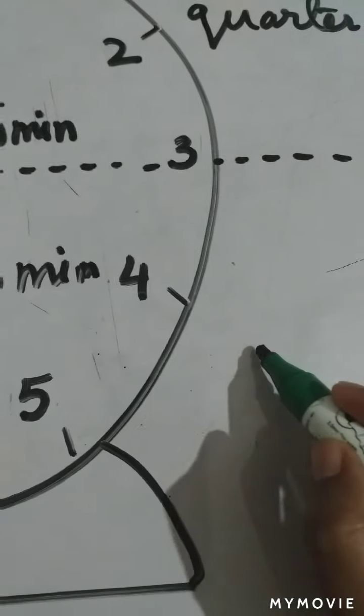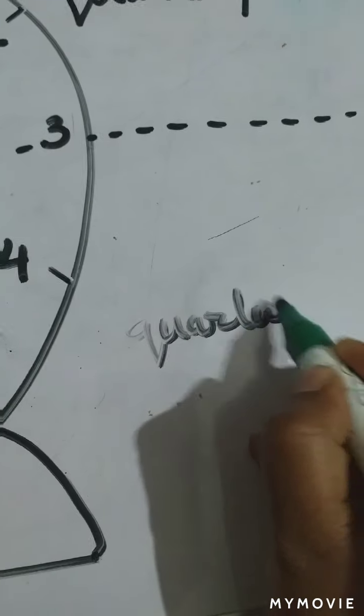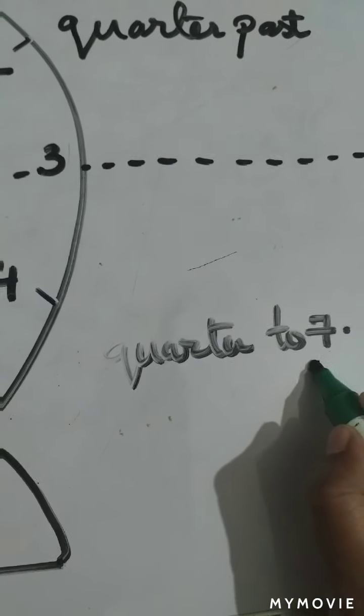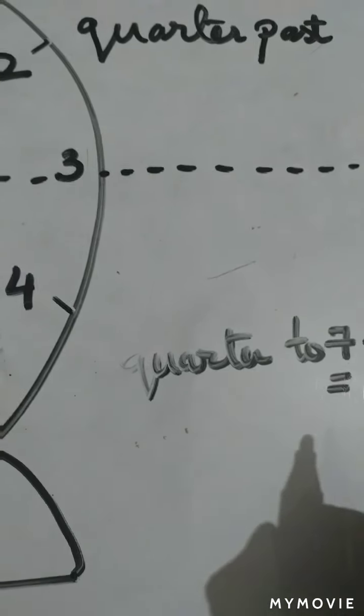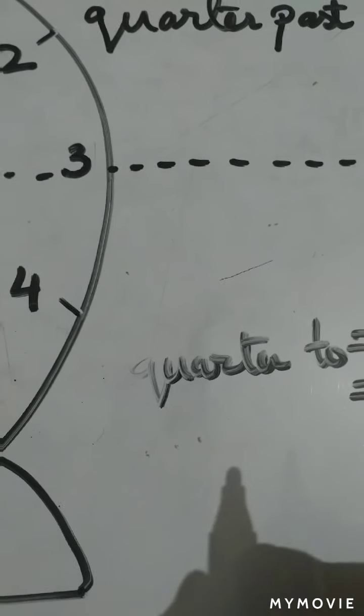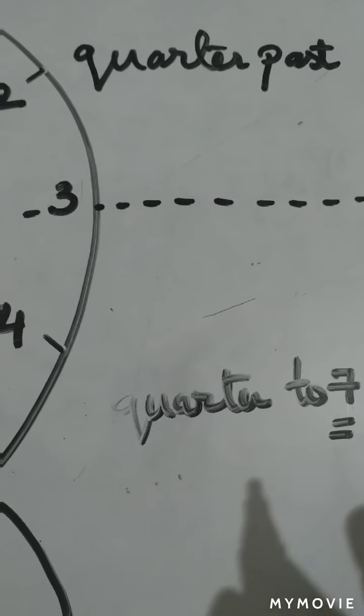So how much is quarter to 7? Quarter to 7 means it is still not 7 p.m. or a.m. and there are still 15 minutes to the hour 7.